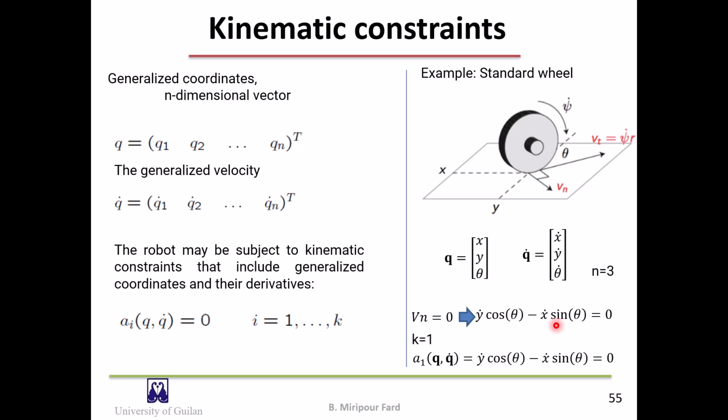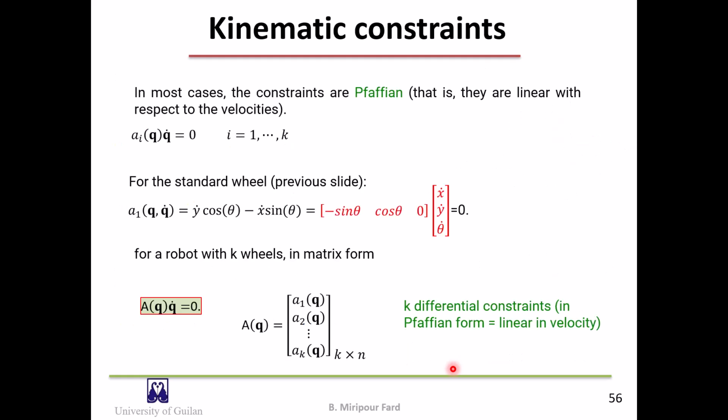We can write this constraint as a1 of q and q dot equals y dot cosine of theta minus x dot sine of theta equals 0. a1 is a function of theta as well as x dot and y dot.